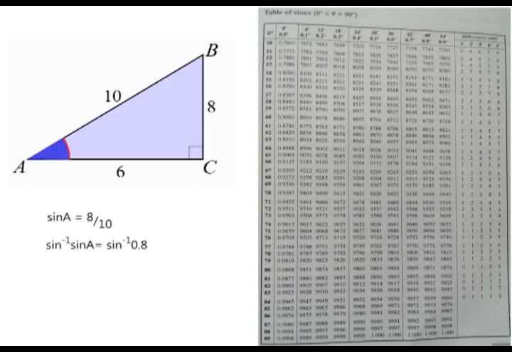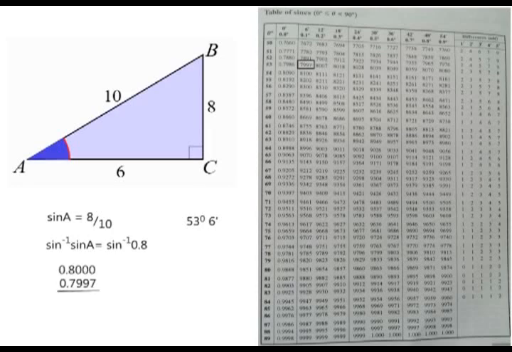Sine inverse of 0.8, we go to the tables of sines. 0.8 is not there. The closest smaller number is 0.7997, and that is the sine of 53 degrees and 6 minutes. What is the difference?